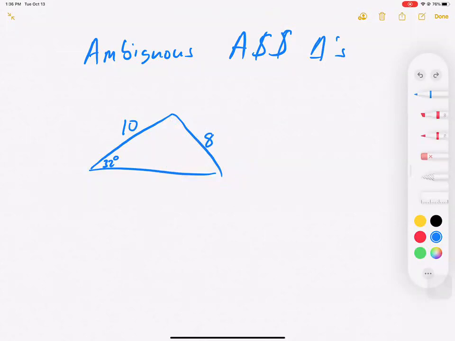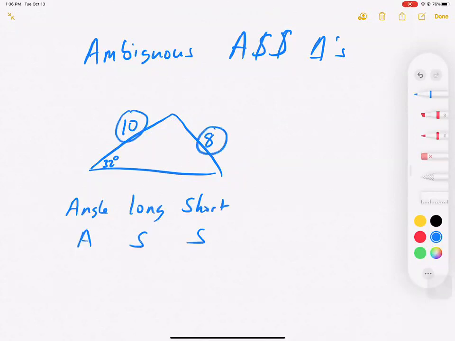And the idea is that if it's angle, long, short, ASS, meaning a long side and a short side, you're stuck with this dilemma. And the dilemma is that this could be the triangle you're looking at, or it could look like this.